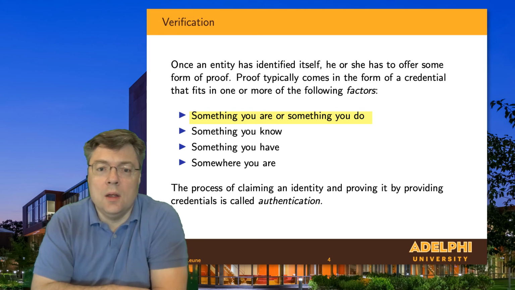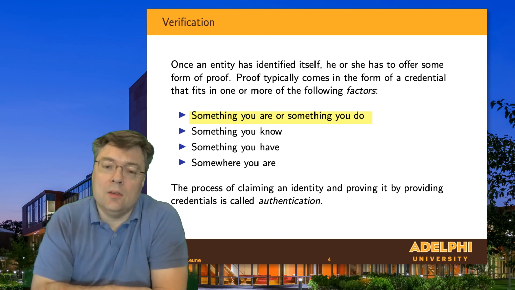It could be something that is tied to me as a person, that cannot be moved from me to another person. That might be speech pattern recognition, it may be fingerprint or finger swipe recognition, it could be iris recognition, it could be facial recognition, it could be all kinds of things. That is something I am, and that could help establish my identity as well.